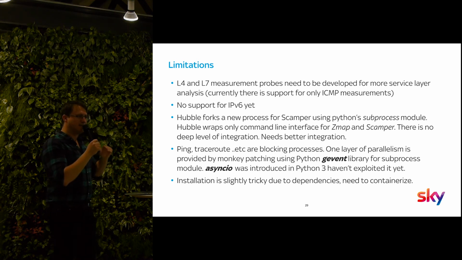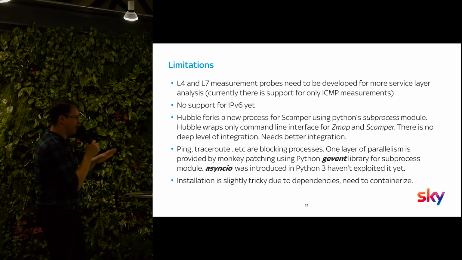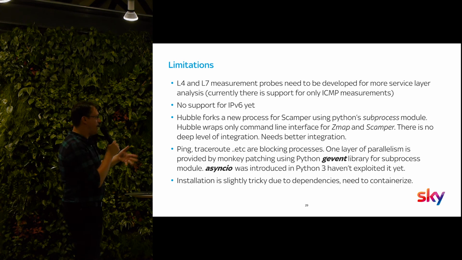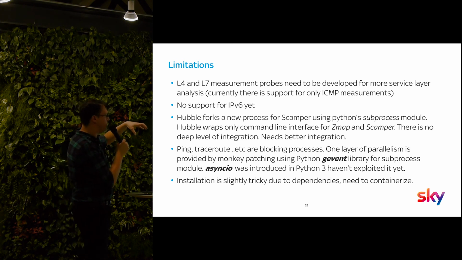At the moment it's just a thin wrapper around all these tools. It basically forks a new Unix process and then calls scamper or ZMap. This is one of the ways I parallelize and scale the whole platform in a single prober.